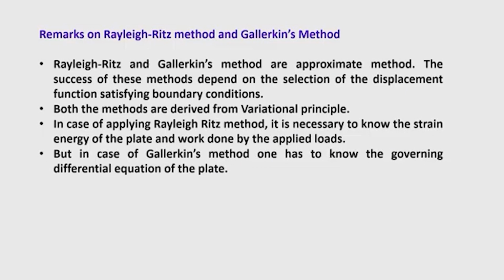The exact solution can be obtained only in some limited cases, but with the help of approximate methods, that is, the Rayleigh-Ritz or Galerkin method, we can attempt the problem of plates with any type of boundary conditions and loading. So, that is the beauty of the approximate methods. For practical purposes, the solution can be adopted. The success of these methods, however, depends on the selection of the displacement function satisfying the boundary conditions.